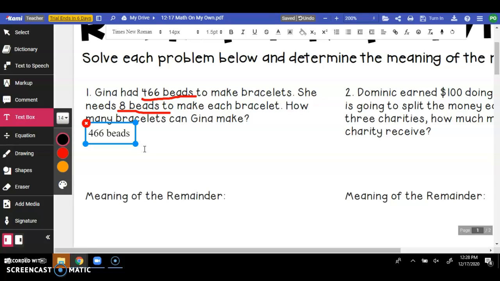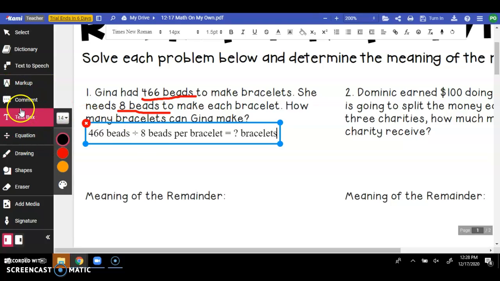I'm going to divide them into equal groups, where it's 8 beads per bracelet. And that will give me what I do not know yet. How many bracelets can she make?